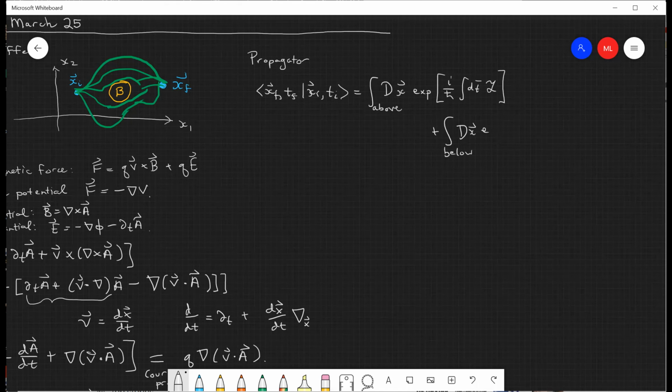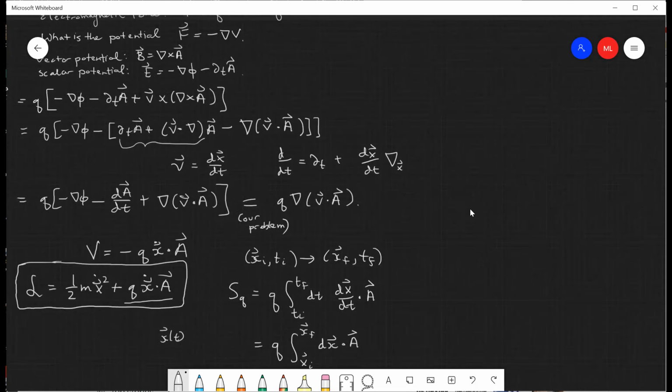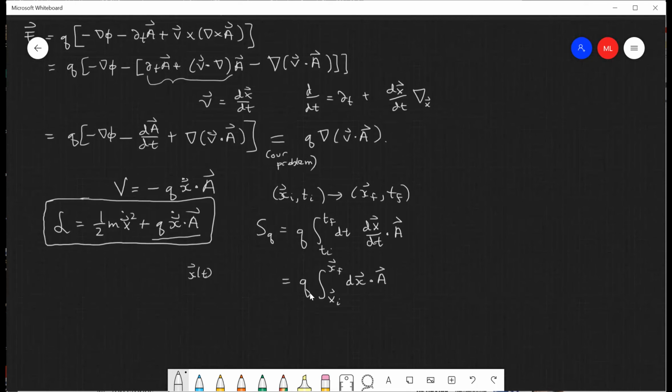And that's going to be the first step. And so now what we do is we recognize what kind of integration we have here. In the action, we know that one of the terms in the action will just be this guy.